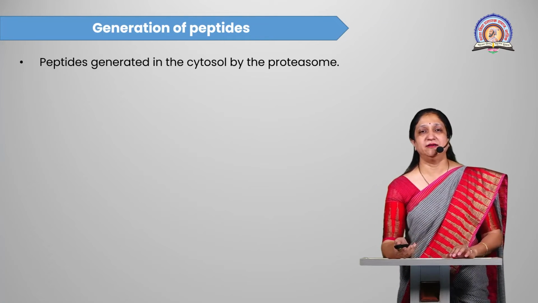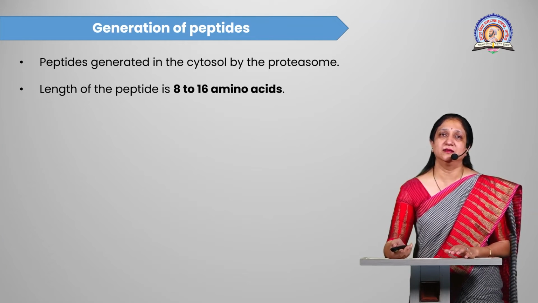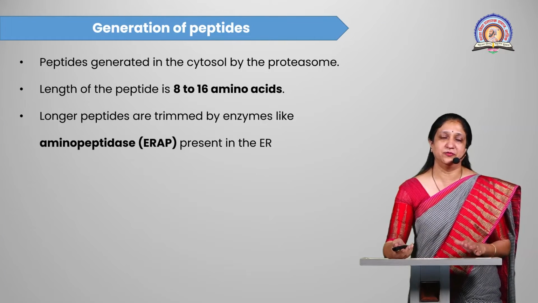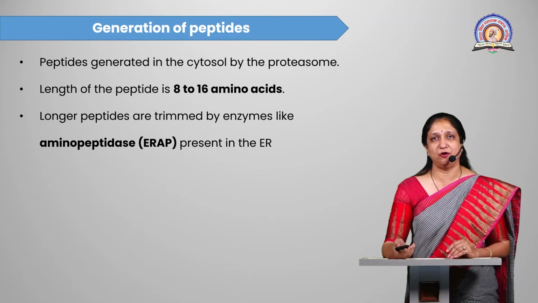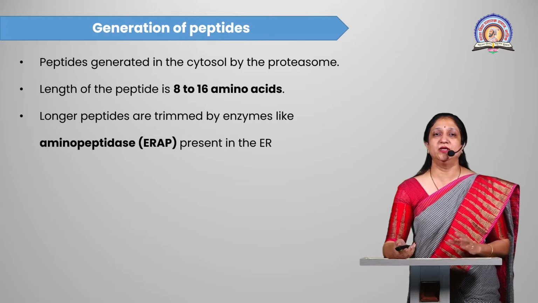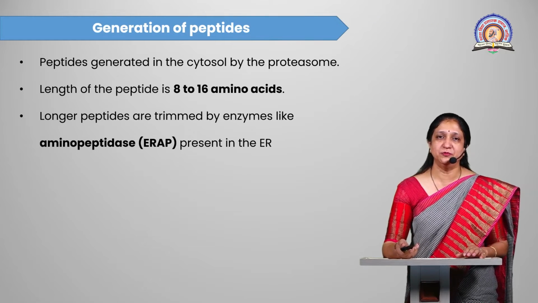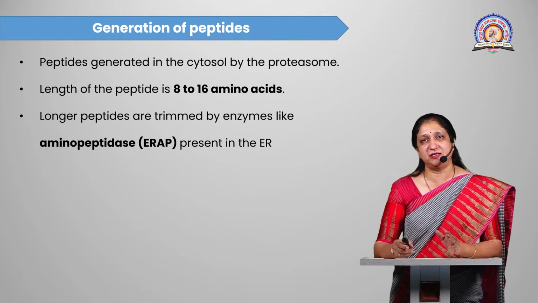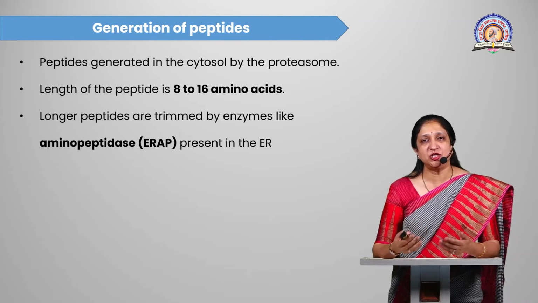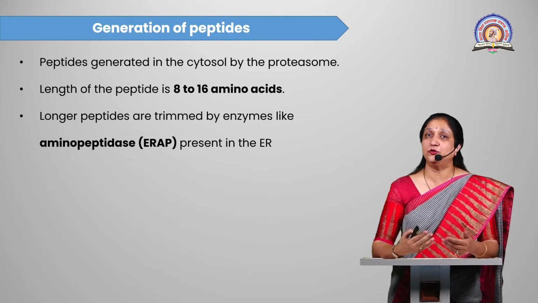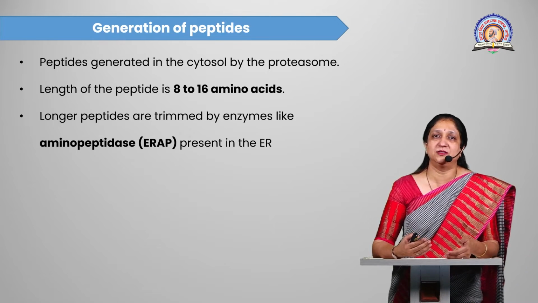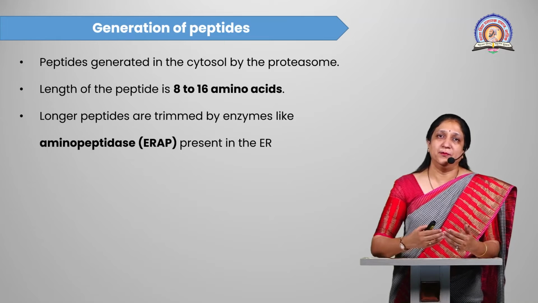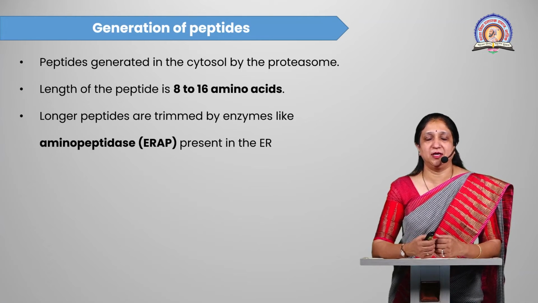Now, the generation of peptides occurs within the cytosol of the target cell with the use of the immunoproteasome, which has an ability to cleave the peptides and generate a large number of peptides with either hydrophobic amino acids or basic amino acids at the carboxy terminal.